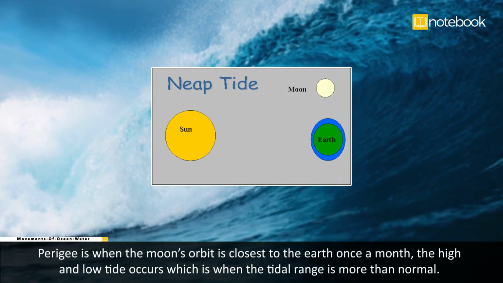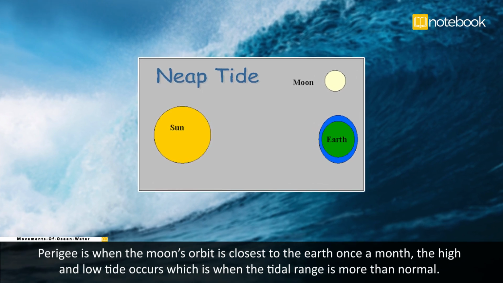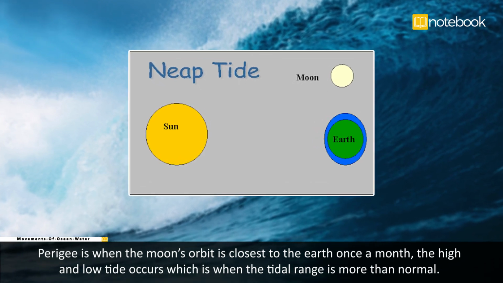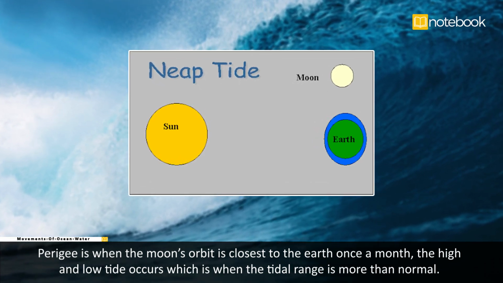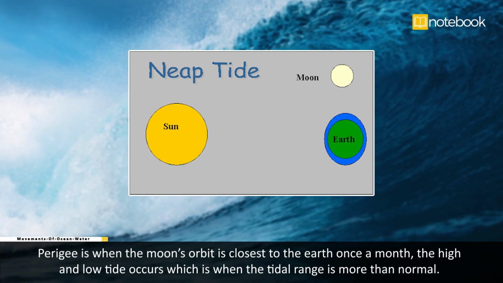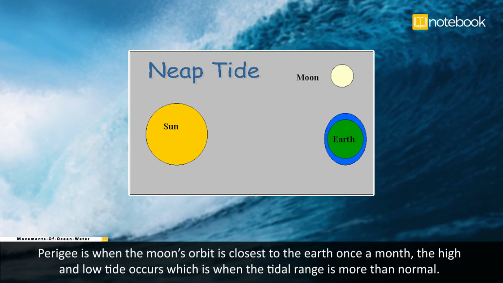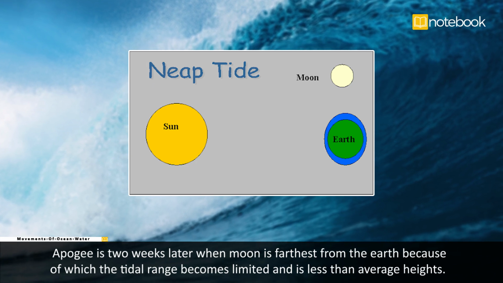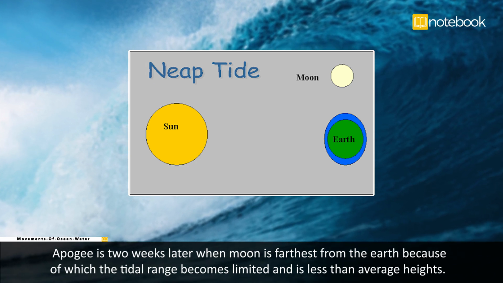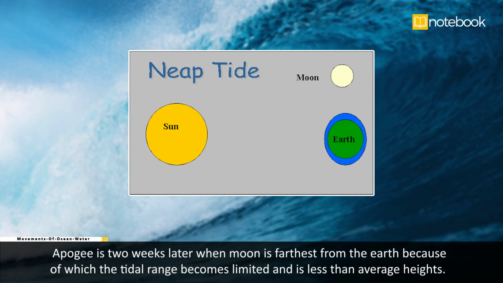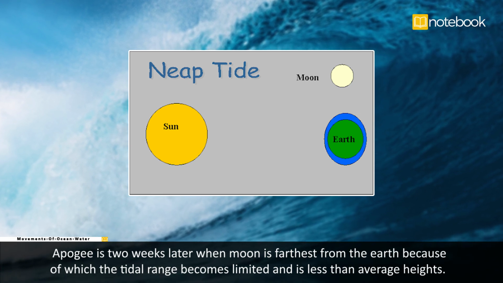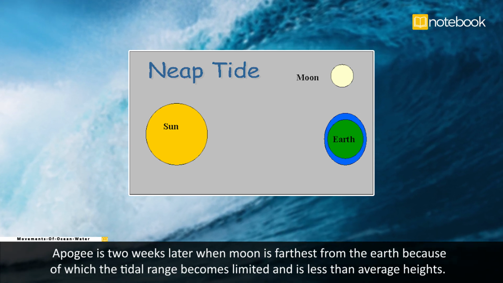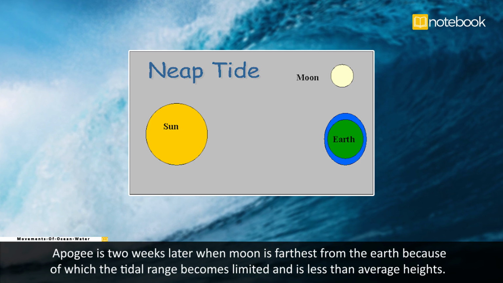Perigee is when the Moon's orbit is closest to the Earth, once a month. The high and the low tide occur when the tidal range is more than normal. Apogee is 2 weeks later, when the Moon is farthest from the Earth, because of which the tidal range becomes limited and is less than the average heights.